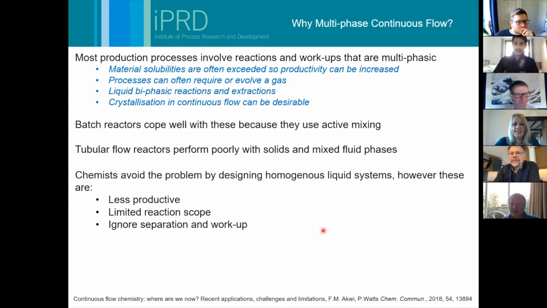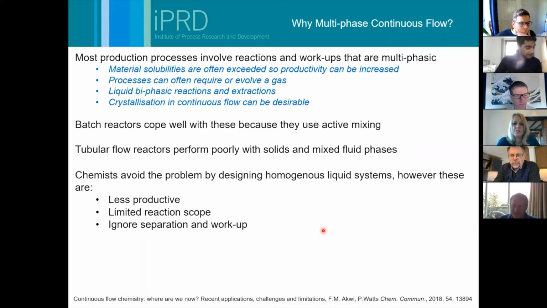Right, so following on from Nick then, I guess the first thing to say is, why do we want to do multi-phase continuous flow chemistry? And the reason is that when we're doing process development, most production processes involve gases, liquids, solids, and various combinations. And if you're using tubular reactors, there are definitely limits on having gases and solids in there.